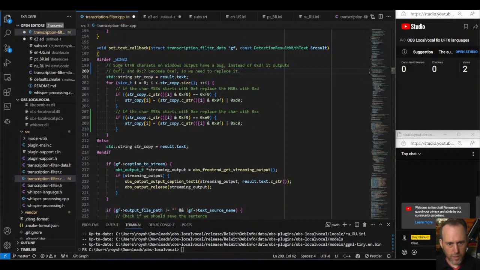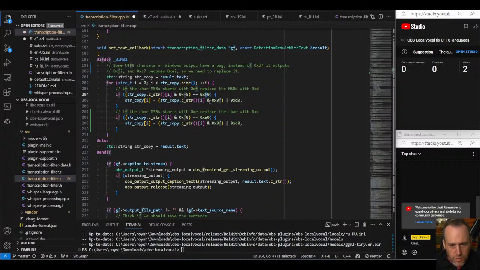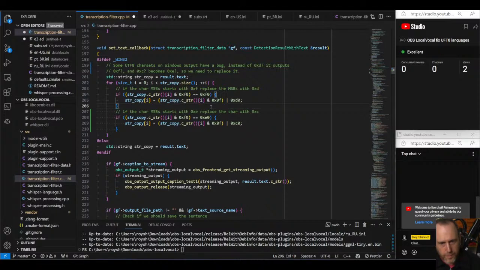I need to replace it. There's probably a better pattern here. F becomes D, E becomes C. So it's kind of like we need to just subtract from all of those higher ones. Yeah, let's start with this.